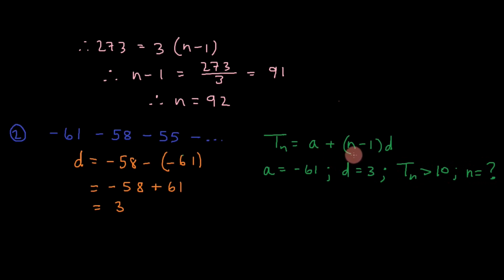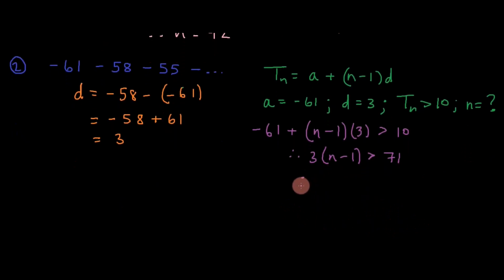Let's plug into this equation. So a, which is negative 61, plus n minus 1 times d. This is the value of t sub n, and we know that t sub n must be greater than 10, so this must be greater than 10. Let's take the negative 61 to the right-hand side, and on the right-hand side we get 10 plus 61, which is 71.